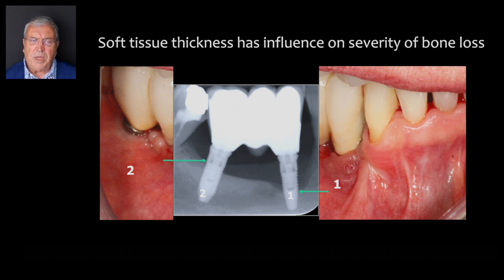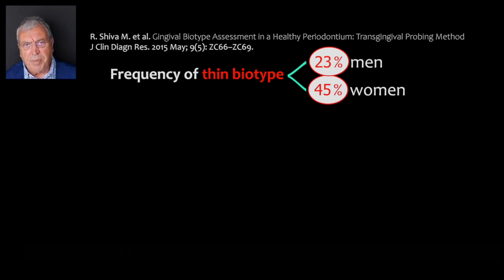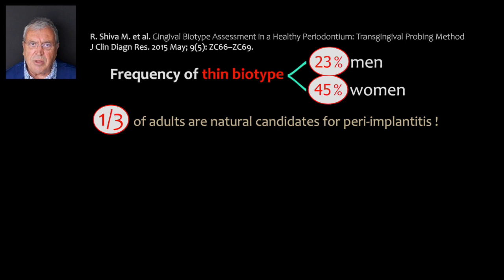Then we can try to find how many people are living with a deficient biotype. Look, 1/4 of men, half of women. It means that 1/3 of adults are natural candidates for peri-implantitis because they don't have the right soft tissue to avoid inflammation.